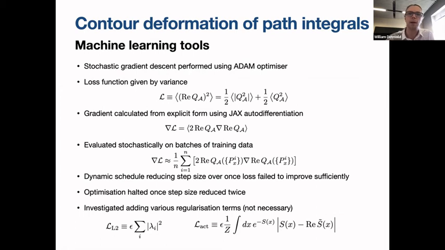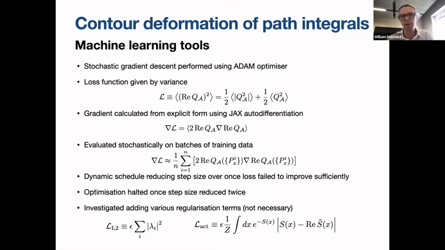And we evaluate this stochastically using batches of training data. And the training is done with a schedule that reduces the step size once the loss stops improving. And then eventually we stop the training once the step size has been reduced a couple of times.